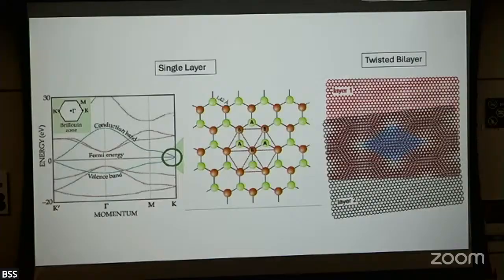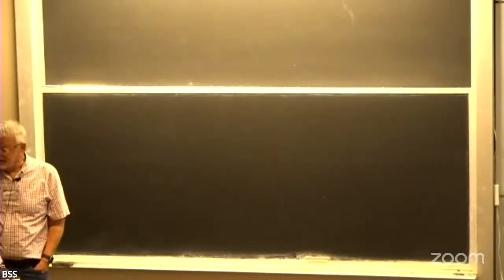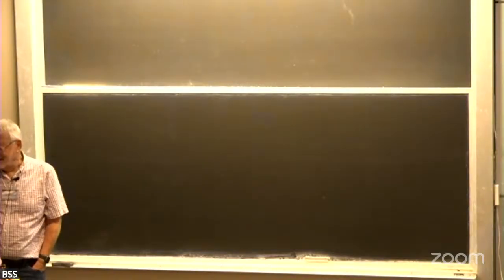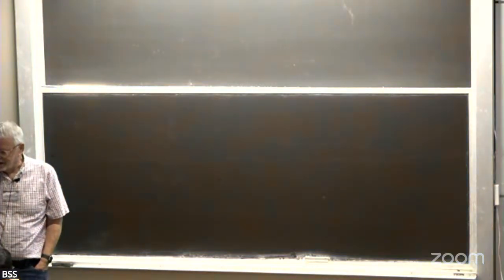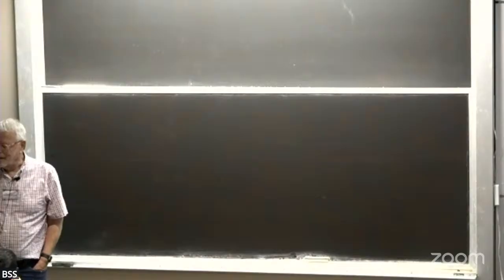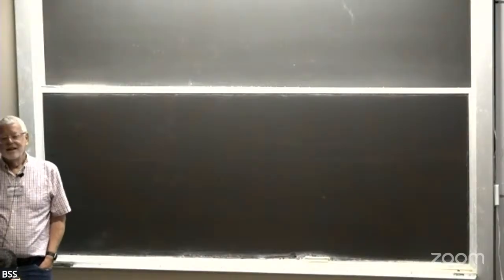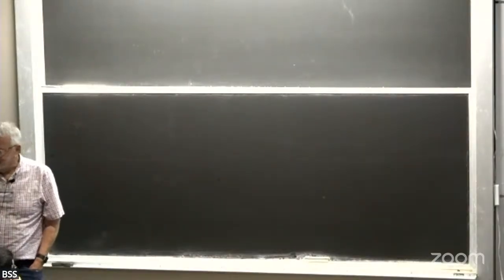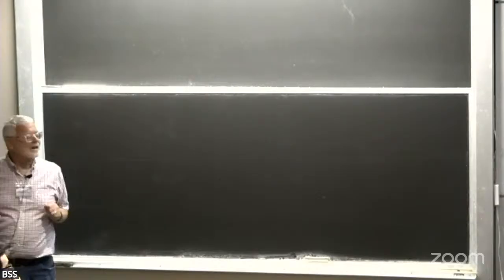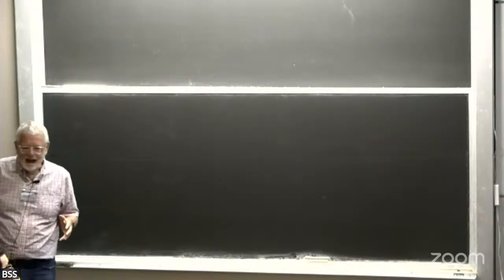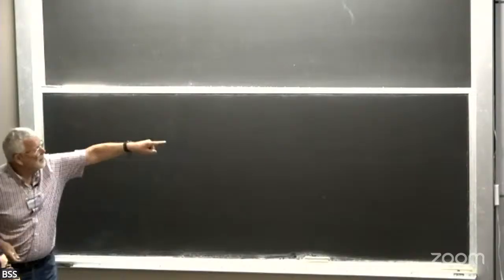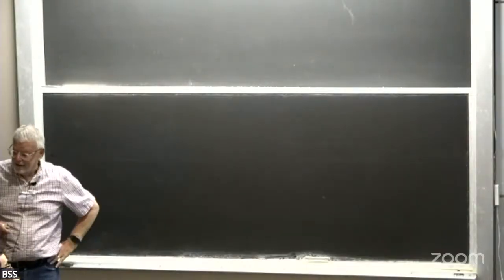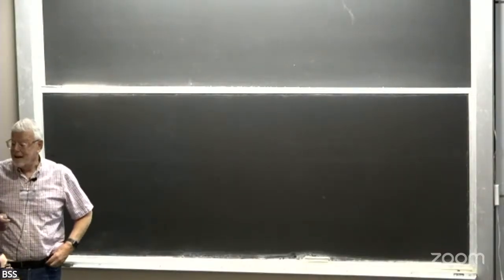You can also suspend a graphene sheet so that there's very little dielectric screening, and that makes the interactions even stronger. But I think experiment says that in single layer graphene, the most obvious thing to happen is you get some broken symmetry that opens this gap, right? And that seems not to happen.